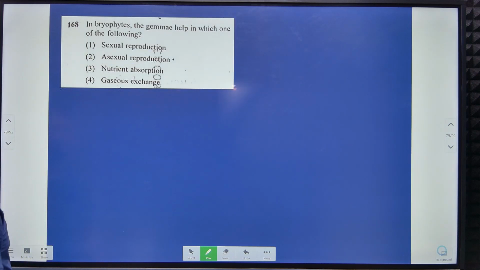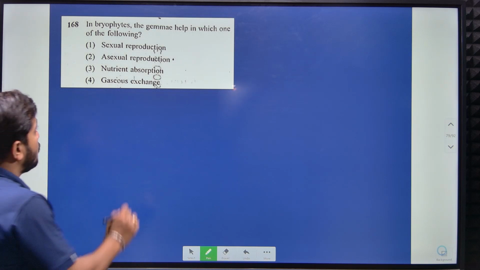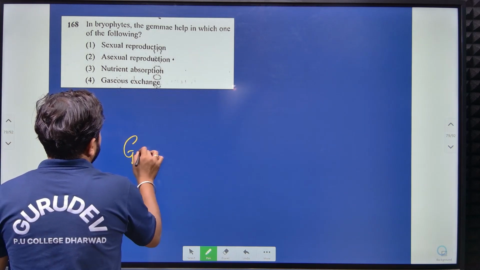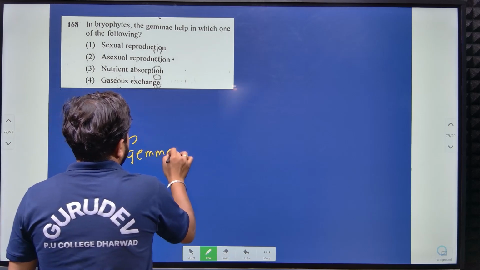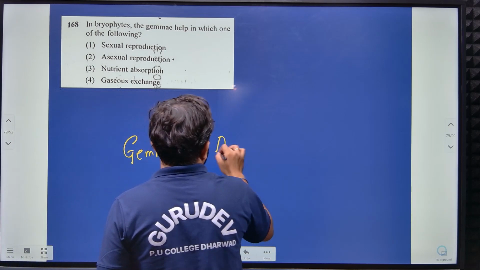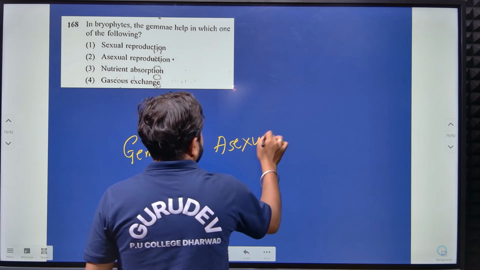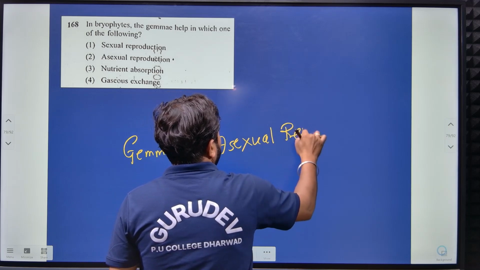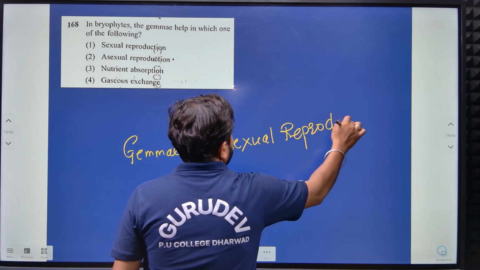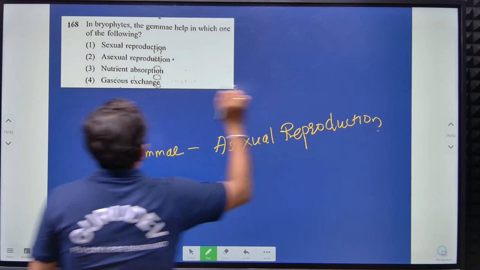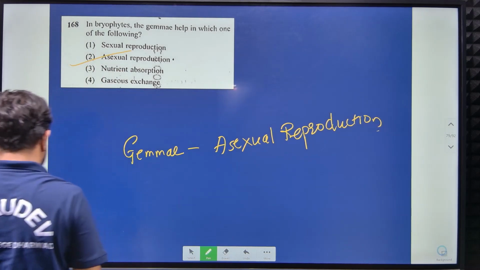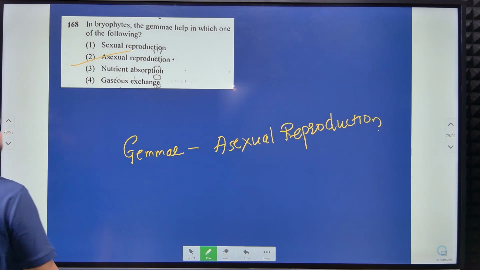Then moving on to the next: in bryophytes, the gemma cup helps in which one of the following? The gemmae lead to the formation of a structure formed to carry out asexual reproduction here, right? Asexual reproduction. So according to that, option 2 is correct, right?